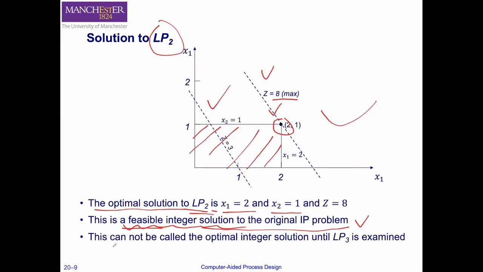But this feasible integer solution cannot be called the optimal integer solution to the original integer programming problem. This is because we don't know if there is any feasible integer solution from LP3 that will lead to the object function value being greater than or equal to 8. So we need to continue to solve LP3.